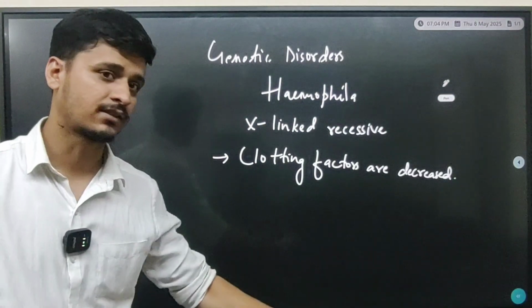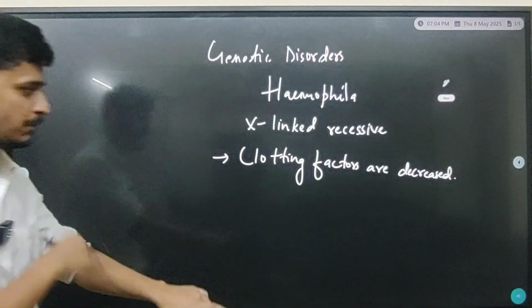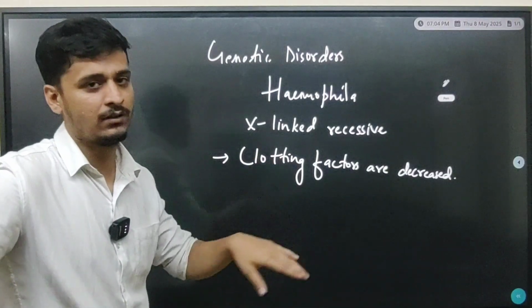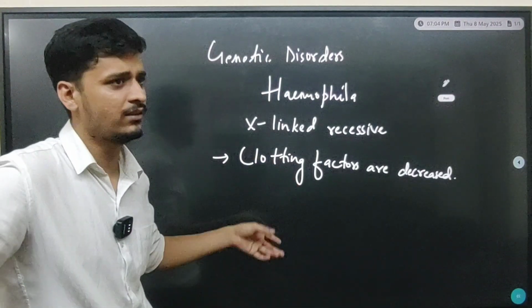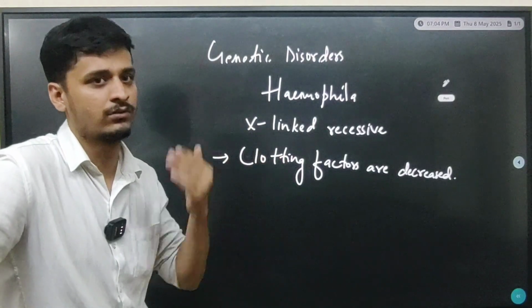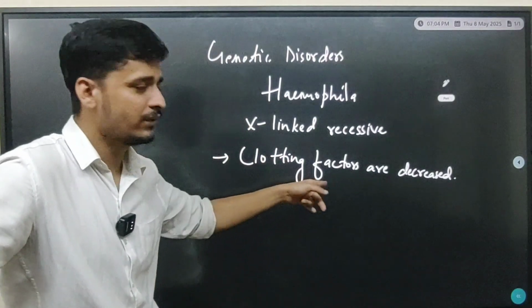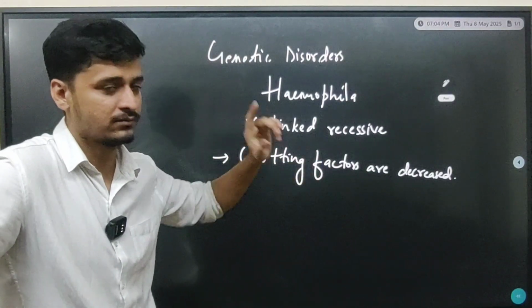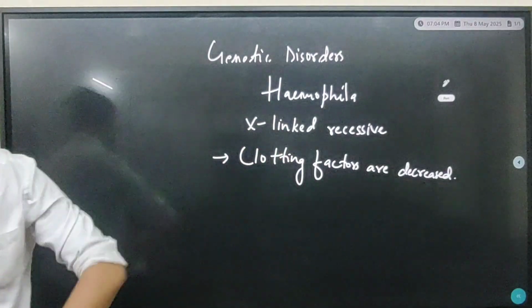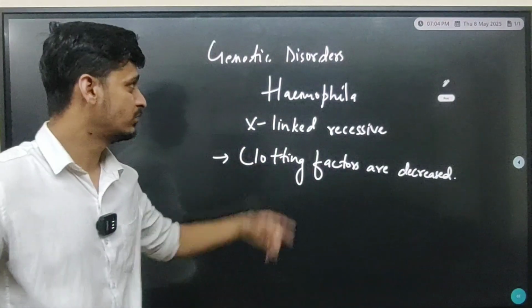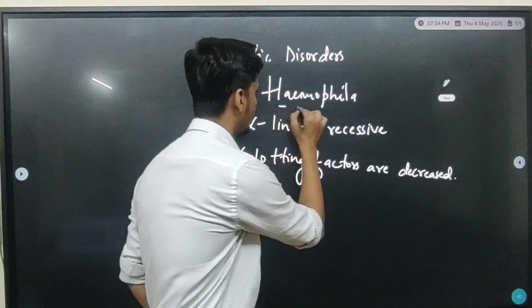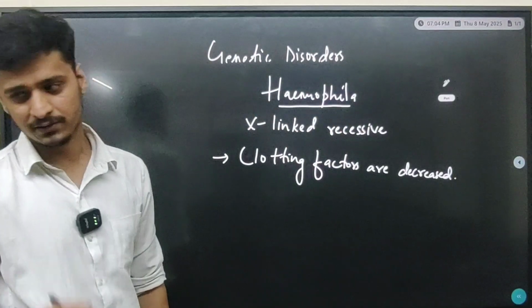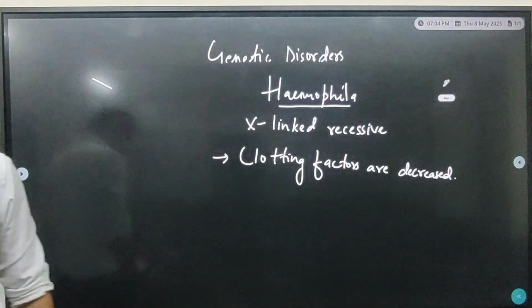Whenever there is a cut, the blood will flow. There will be no clotting. If there is no clotting factor, the blood will continuously flow. And the clotting factor present in blood is fibrinogen. So there will be excessive loss of blood due to the hemophilic condition.